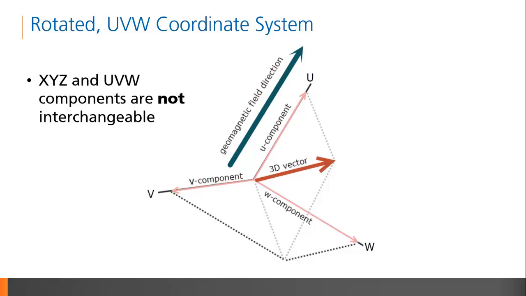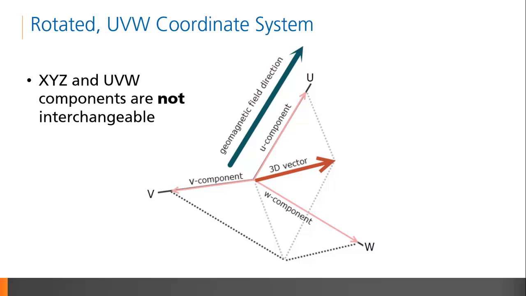The second coordinate system is rotated to align with the Earth's inducing field direction. The rotated UVW system is aligned so that U is positive in the direction of the Earth's field. And V and W are orthogonal to U and to each other, maintaining a right-hand convention.